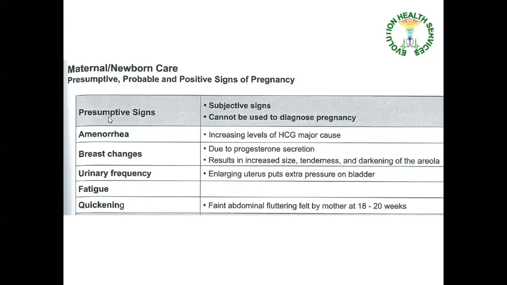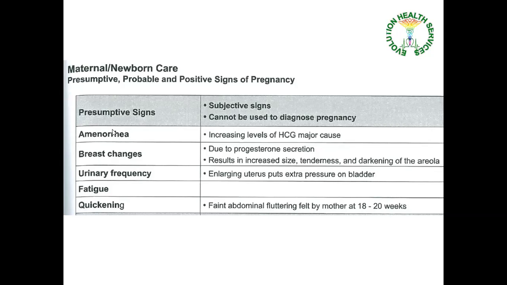These signs are not 100% accurate. It does not mean the mother is going to be pregnant and give birth or deliver. Presumptive signs can be explained by other conditions as well.